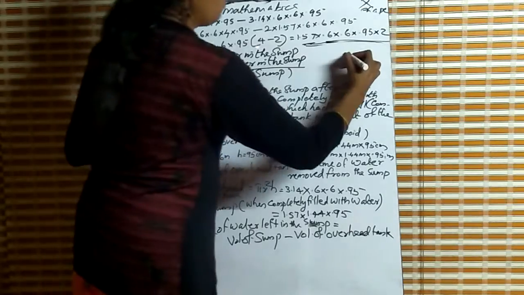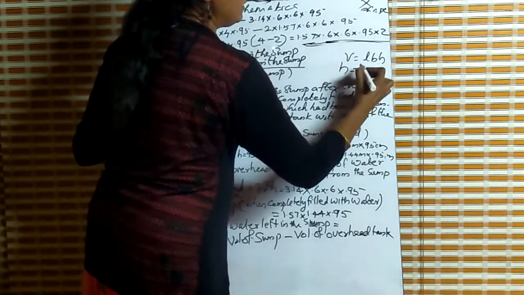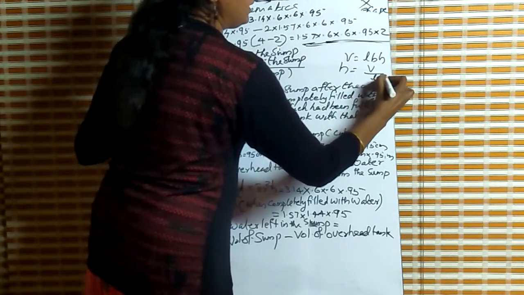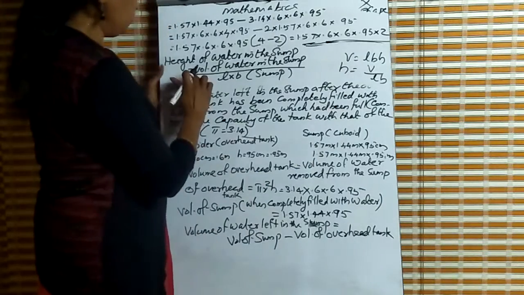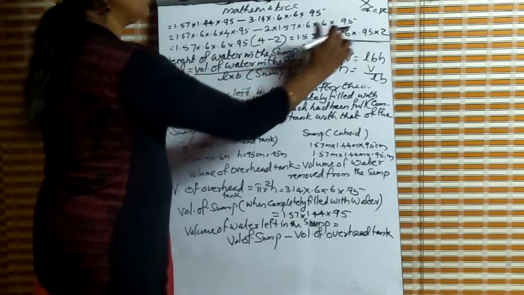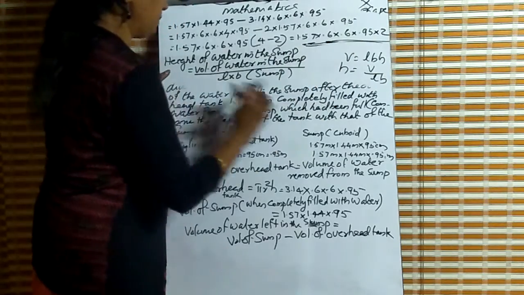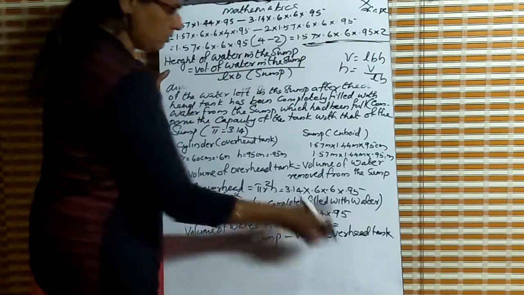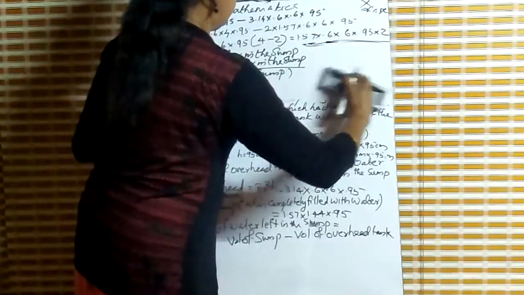Here volume is equal to LBH. To calculate H, H is equal to V divided by length into breadth. H is equal to volume by length into breadth.